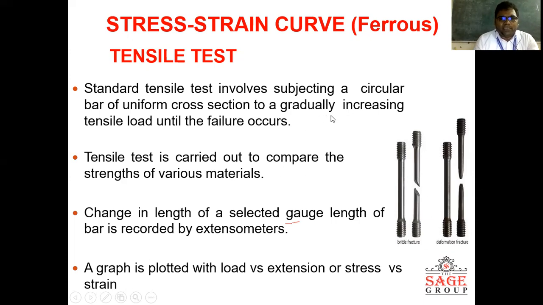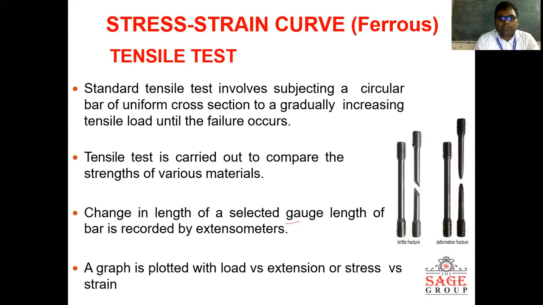The standard tensile test involves a circular bar of uniform cross section, with the tensile load gradually increased until failure occurs. We increase the loading gradually with the help of the universal testing machine and perform this test. The test is carried out to compare the strength of various materials, and the change in length of a selected gauge length of the bar is recorded by the extensometer.